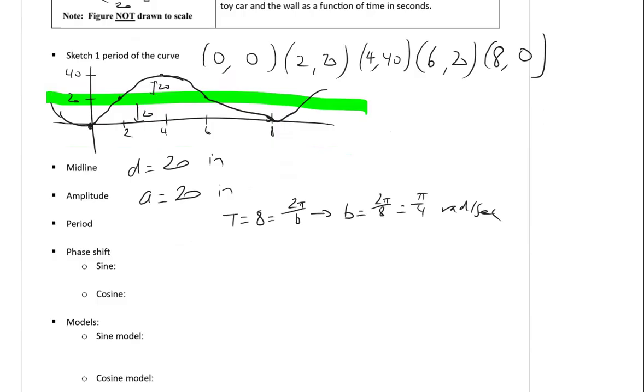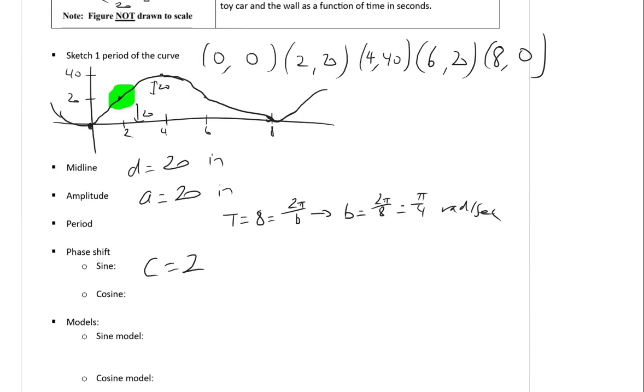Okay. So if you want to model it with sine, where is the starting point for sine? It would be right here, because it starts from the mid, goes up to the max, so on and so forth. So we need to delay it by 2 seconds.